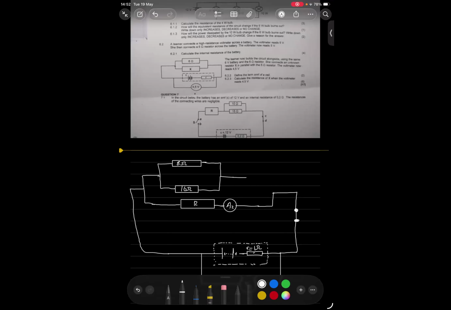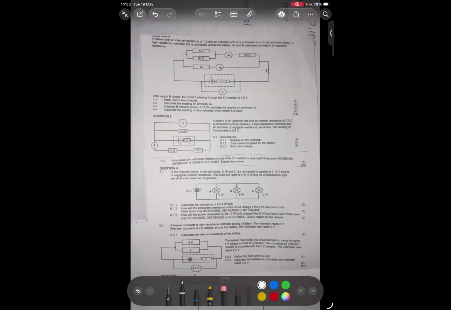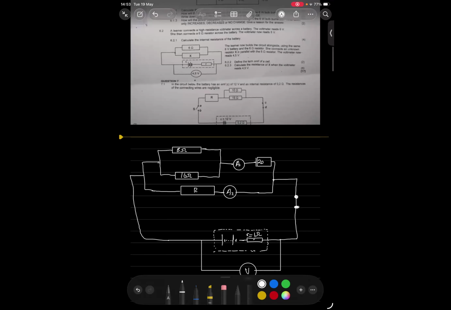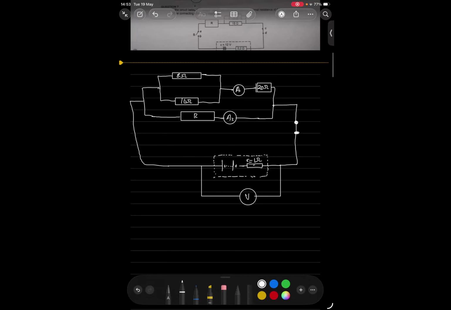There's a resistor here, which is A1, and there's a resistor here, and there's 20 ohm. So if, let's say, for instance, the voltage is 12, what's going to be the voltage across R here?